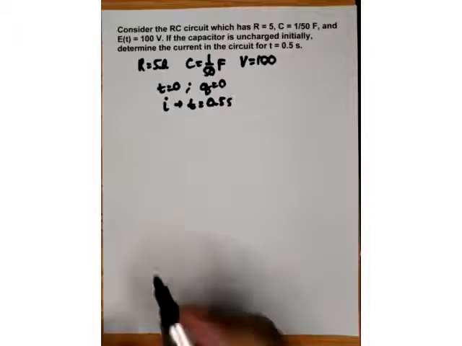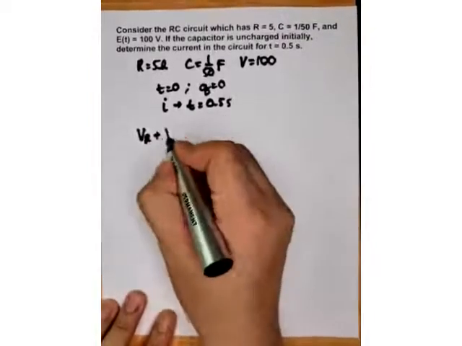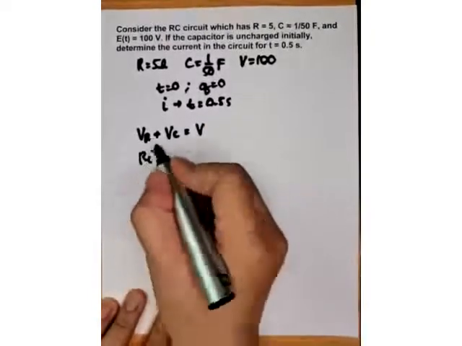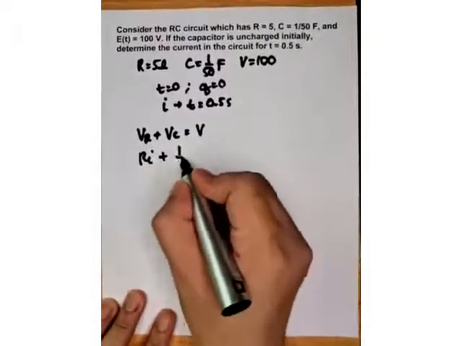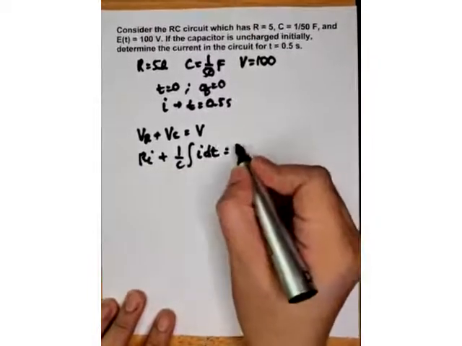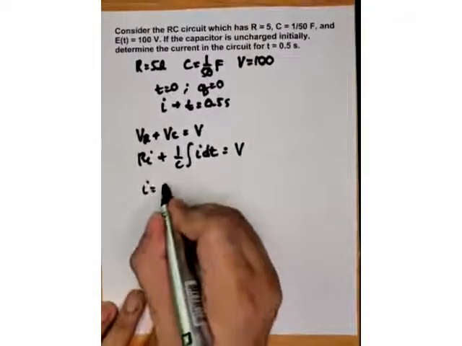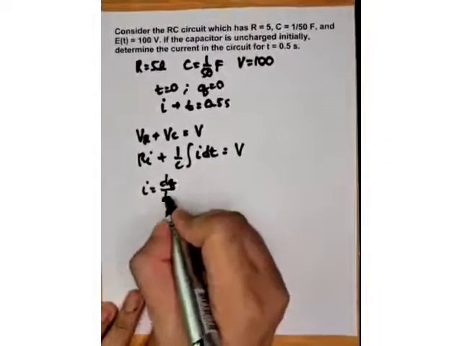Okay, so this is RC. So RC natin, so that's equal to VR plus VC is equal to V. But VR is Ri plus 1 over C, the integral of i dt is equal to V. Okay. But what is i? So i is equal to dq over dt.